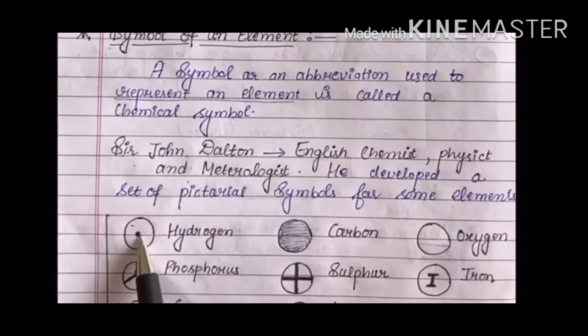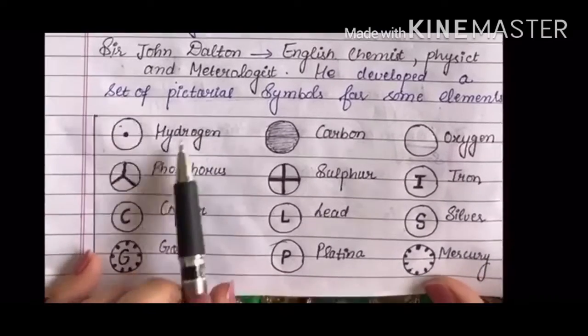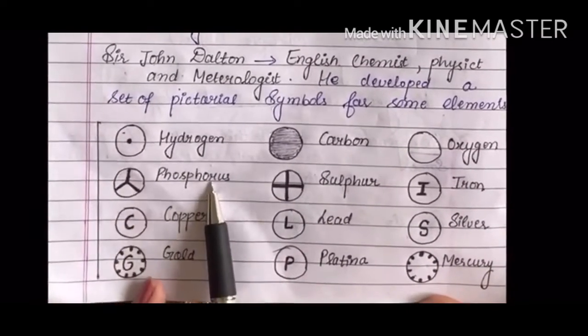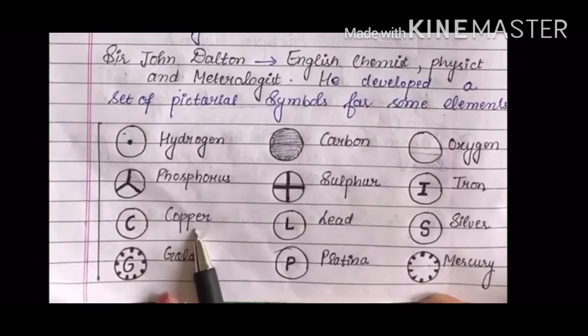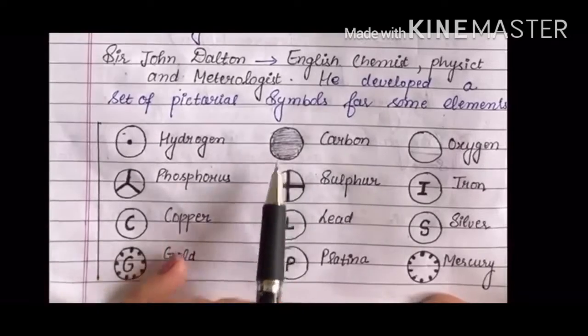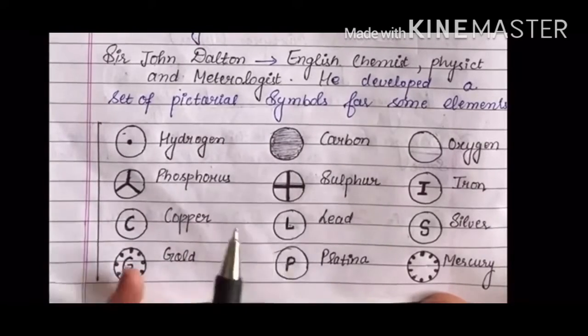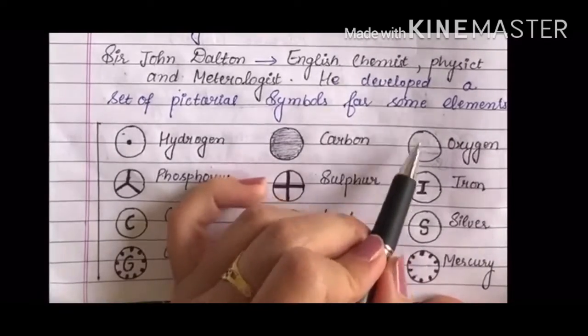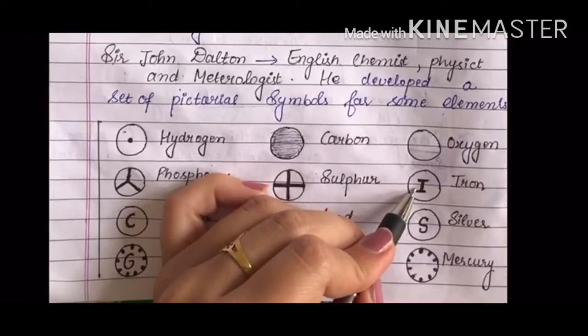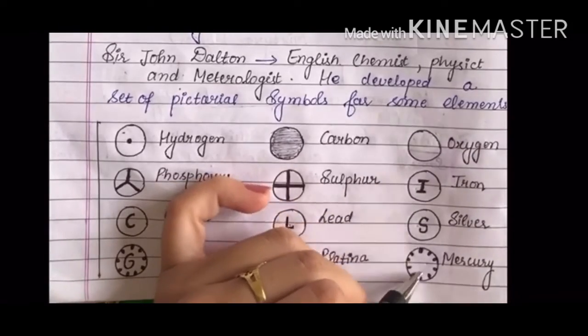He developed this symbol for hydrogen, this is for phosphorus, this is for copper, then gold, carbon, sulfur, lead, platinum, oxygen, iron, silver, mercury.